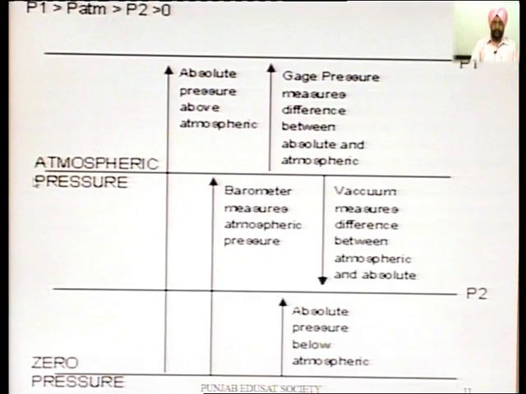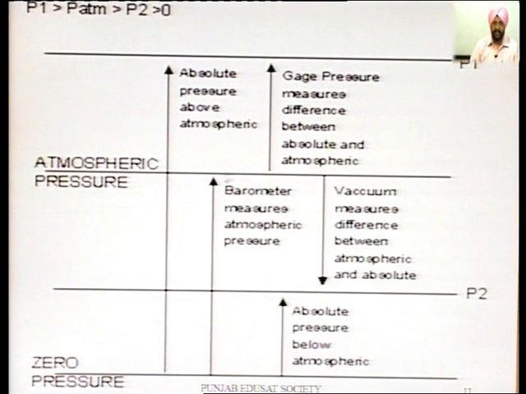Now, this horizontal line at the base indicates the line of zero pressure, and this particular line indicates the datum level, the atmospheric pressure line. Let us suppose I am interested in calculating the absolute pressure at P1, at this point.